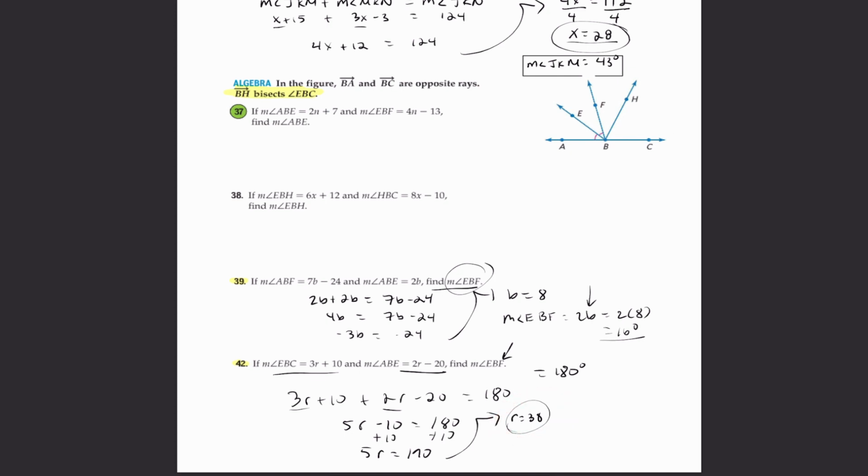Now I'm going to go ahead and look back at my picture over here. And I'm looking for the measure angle EBF. So EBF is right here. If I zoom in, notice that this angle here is congruent to this angle because the picture shows those arcs, those congruencies.